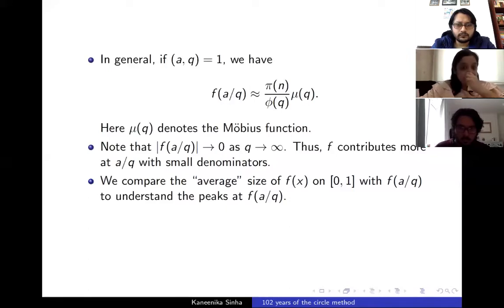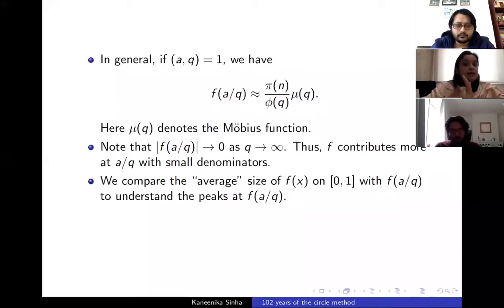What we do is compare the average size of f of x. You see, on the unit interval 0 to 1, there are lots of rational numbers and lots of irrational numbers. So we know how to evaluate the function at rational points, but what do we do at irrational points, for example?